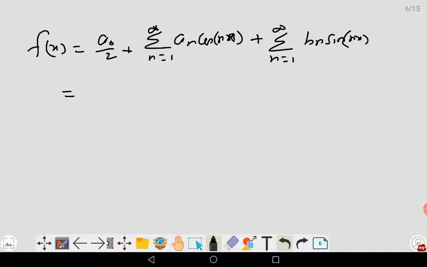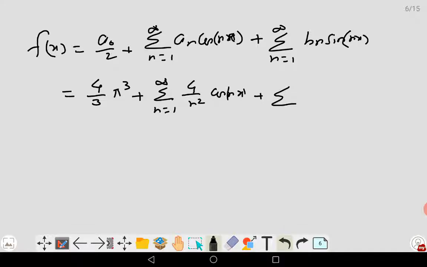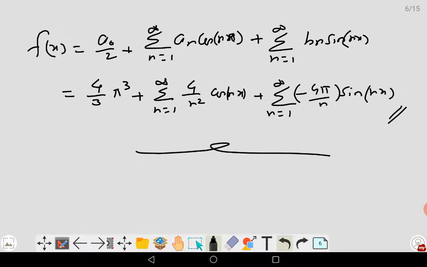So a0 by 2 will be 8 over 3 divided by 2, that is 4 over 3 pi squared, plus summation n from 1 to infinity 4 over n squared cosine nx, plus summation n from 1 to infinity minus 4 pi by n sin nx. That is the end of the Fourier series.